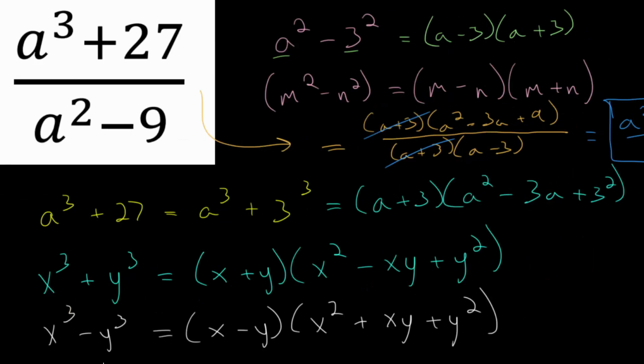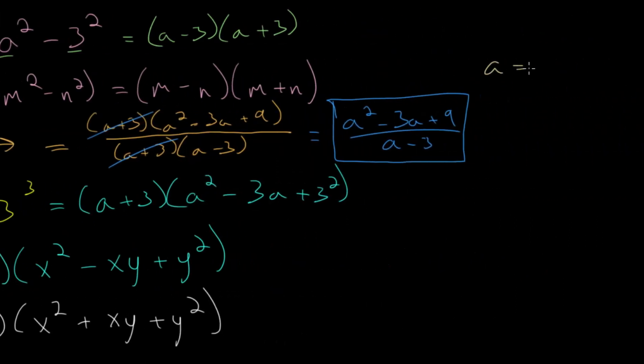Now let's plug in a is equal to 1 in our simplified expression and see if we get the same answer. We get 1 minus 3 plus 9. So we have negative 2 plus 9, which is 7, and 1 minus 3, which is negative 2. It's the exact same answer, so we can feel confident that this simplified expression is correct.